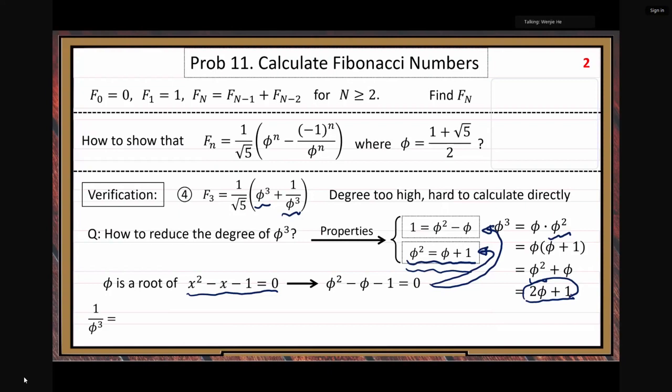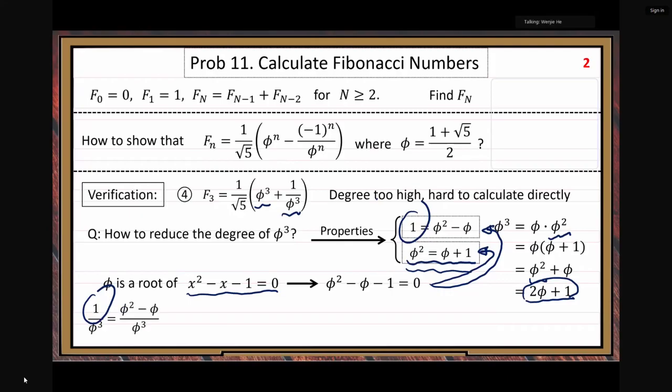At the numerator, you see this 1, and in our first property, you have that 1. So we can replace that 1 by the right-hand side expression, phi squared minus phi.